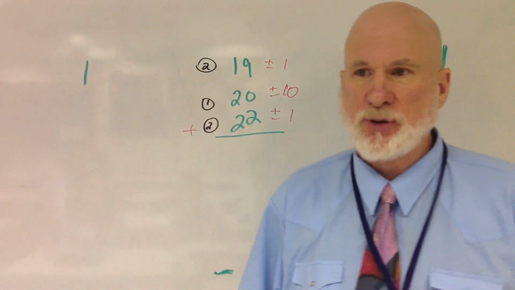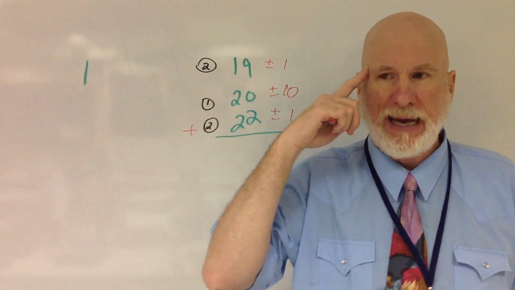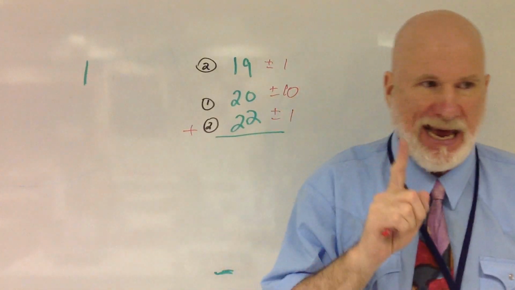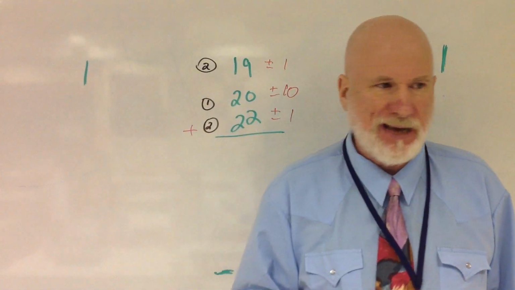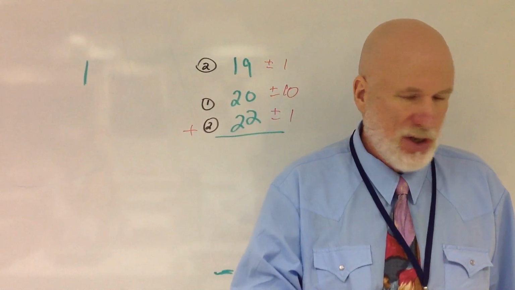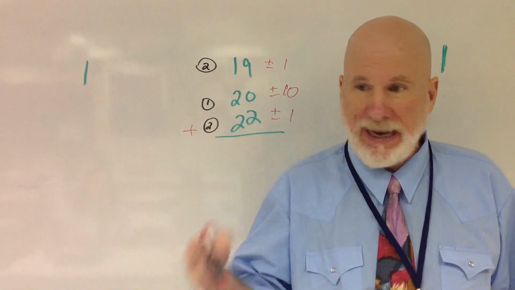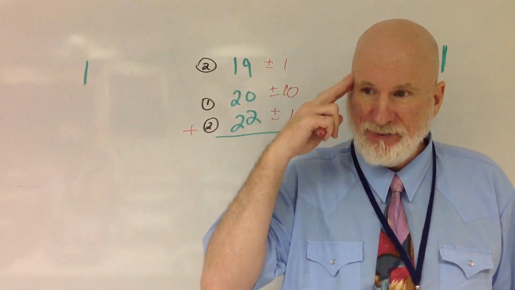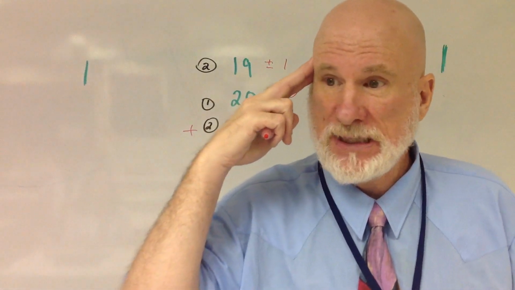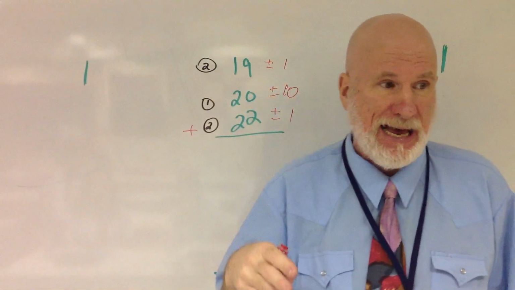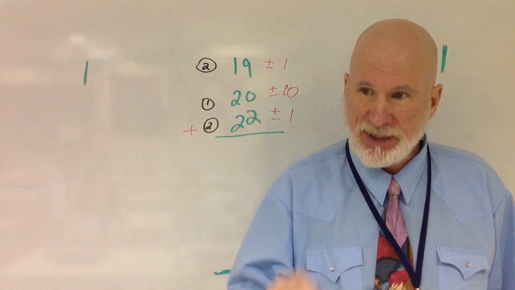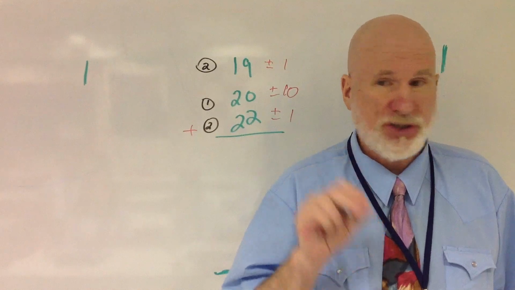When you add or subtract, what's the rule? When you add or subtract measurements, your answer must have, not can have, not maybe have, not if it's Tuesday you can have this, or if you're in Uzbekistan you can have that. Every answer, every sum of a measurement must have the same exact uncertainty as the measurement with the worst uncertainty.